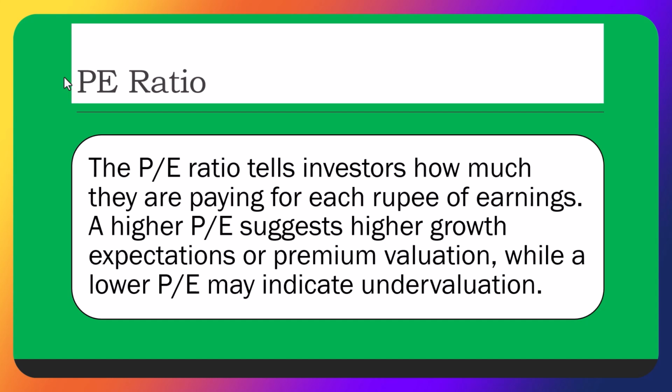So as the share price keeps increasing, the PE ratio will also keep growing. Only those companies' PE ratio will be higher if those companies have a great future, because they expect their earning per share to grow in future. But in the case of companies where the PE ratio is higher but the expected growth is not there, we'll say the company is overvalued.